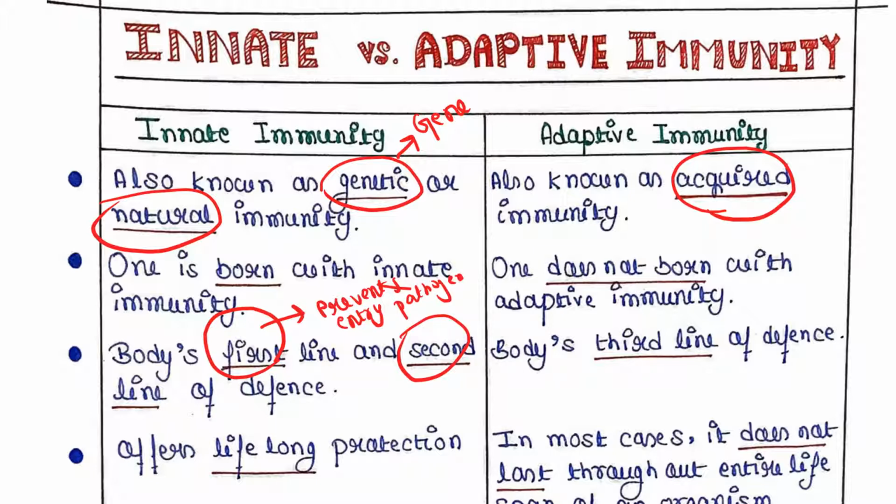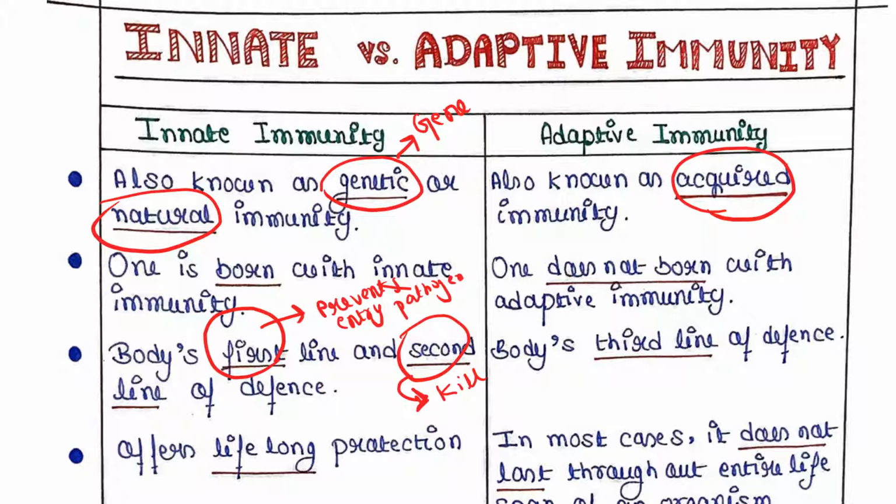And the second line of defense is, if the pathogen could somehow enter our body, then the second line of defense will kill them. So if some pathogens crossed the first line of defense, at that time the second line of defense works and kills the pathogen.